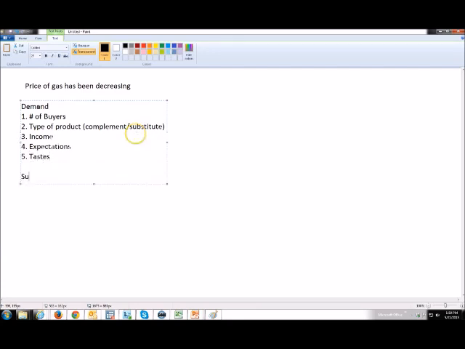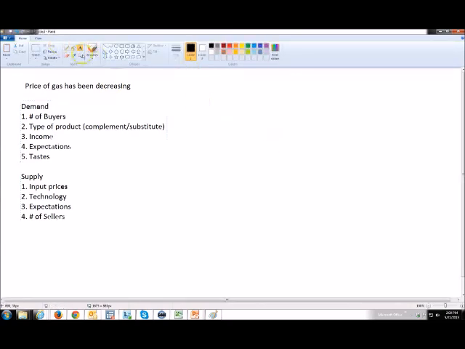All right, what affects supply? Let's list them. Input prices. Technology. Expectations. And number of sellers. So these are the factors that affect demand and supply. Now we want to know what happens.